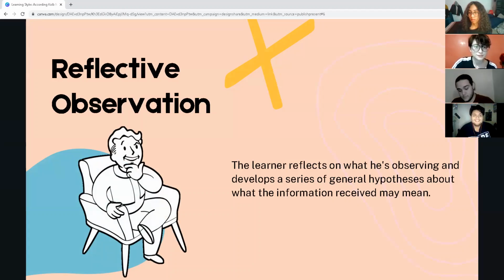The reflective observation is based on the learner reflecting on what he's observing, and developing a series of general hypotheses based on the information that is received by any means.